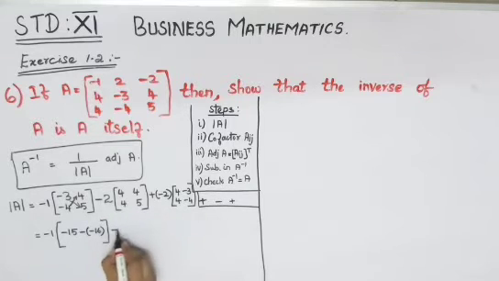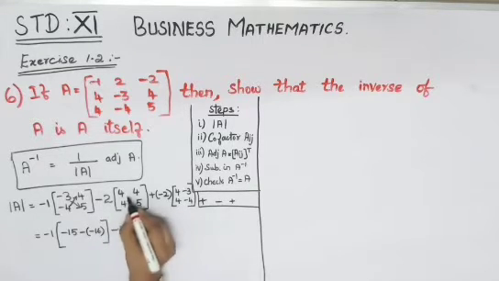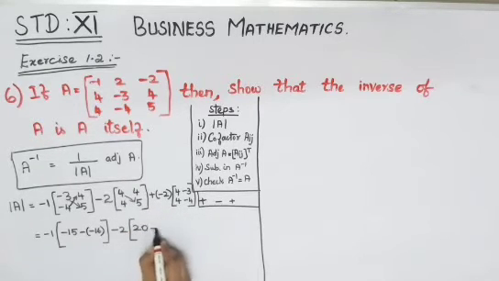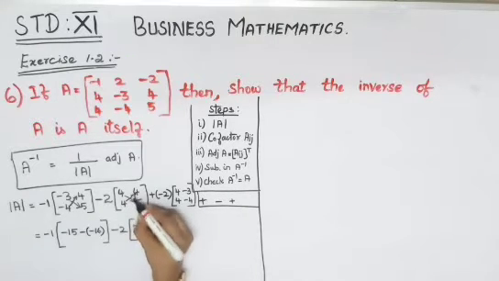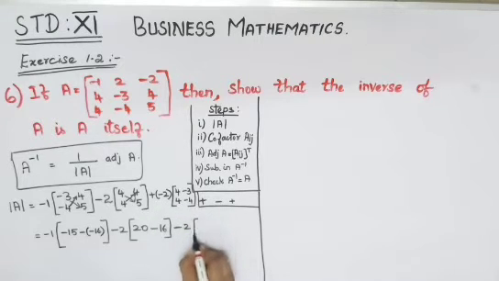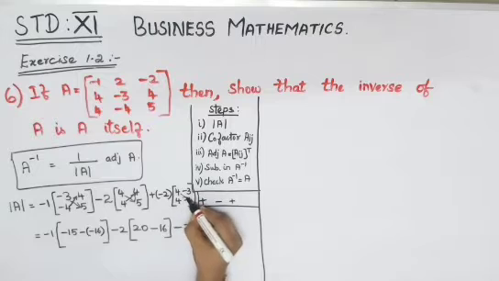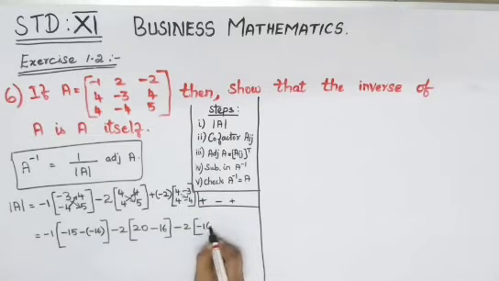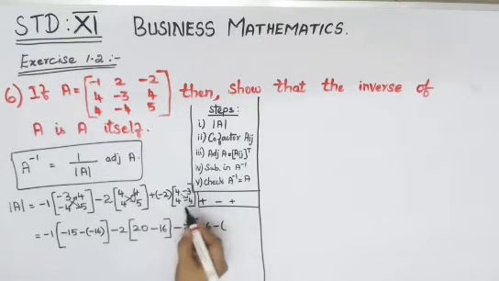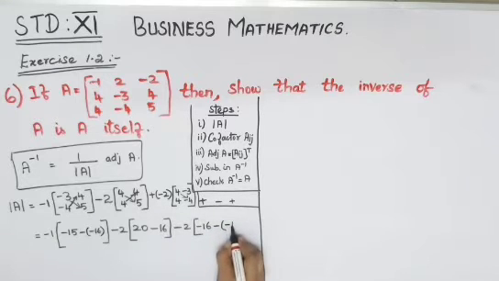Then this minus 2: again multiply this diagonal, 4 5s are 20, minus is from your format, again 4 4s are 16. Then plus into minus, I will write minus 2. Open your bracket: 4 4s are 16, and with the minus it is minus 16, minus from the format. Then open your bracket: 4 3s are 12 with minus, so minus 12. Close your bracket, then close your big bracket.